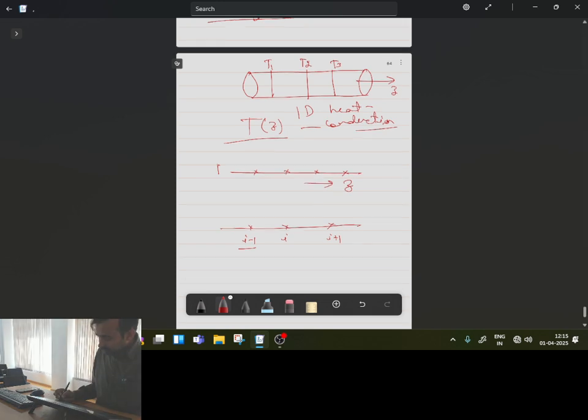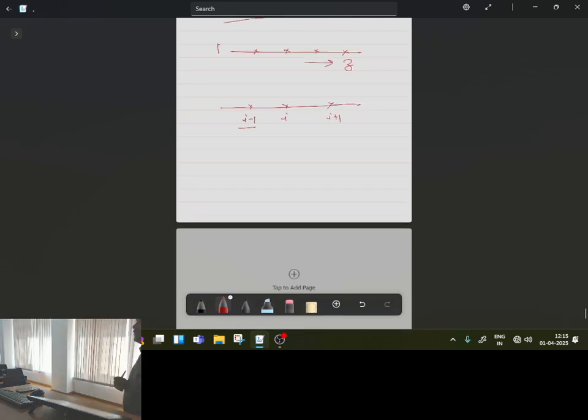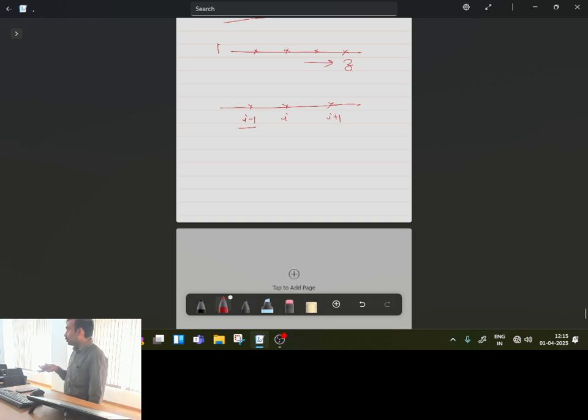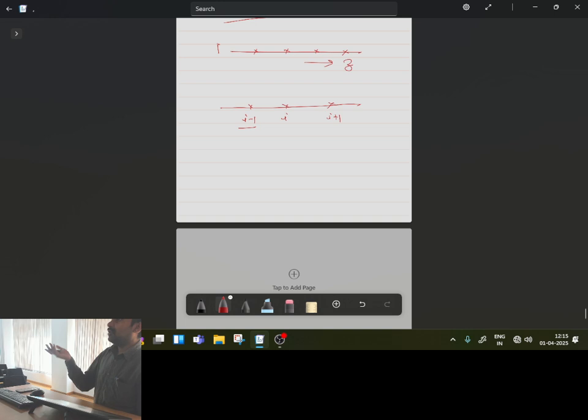Now, you have to understand what our interest is over here. Our interest is to solve fluid flow and heat transfer problems with the help of numerical methods, whether finite difference or finite volume. Okay, so ultimately our interest will be to transform the governing equations of fluid flow and heat transfer into algebraic equations.